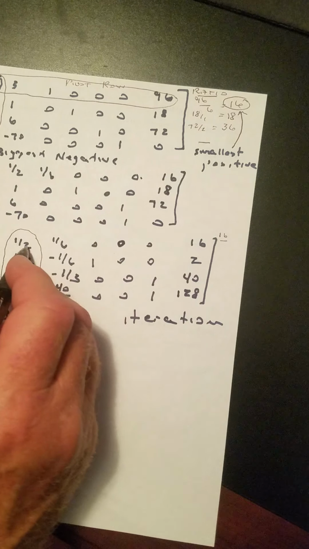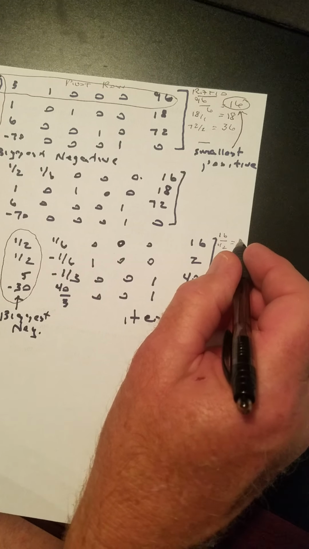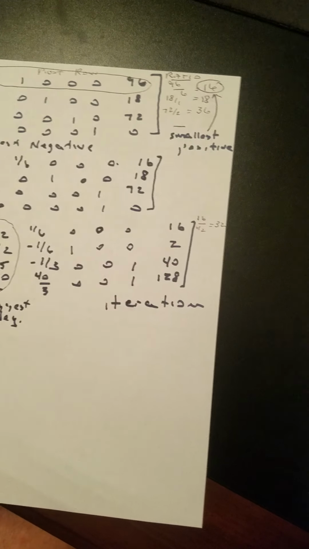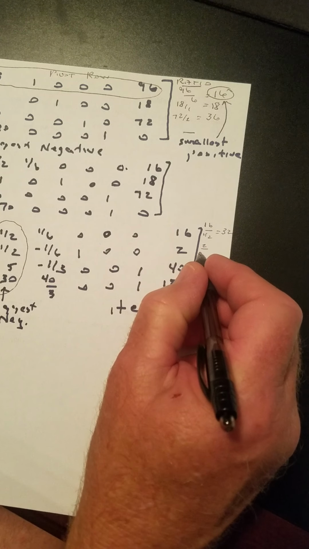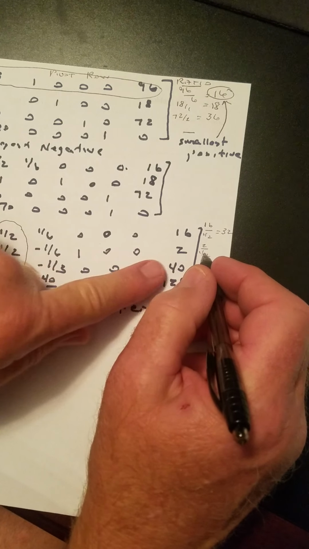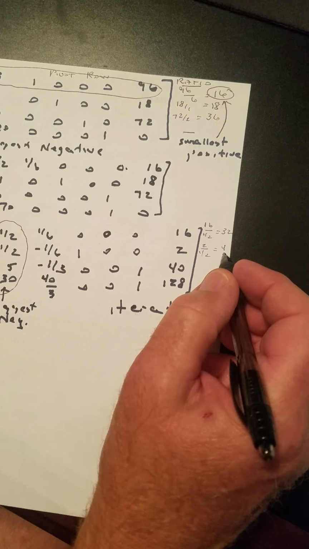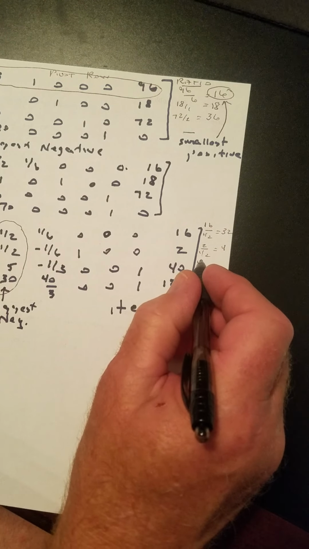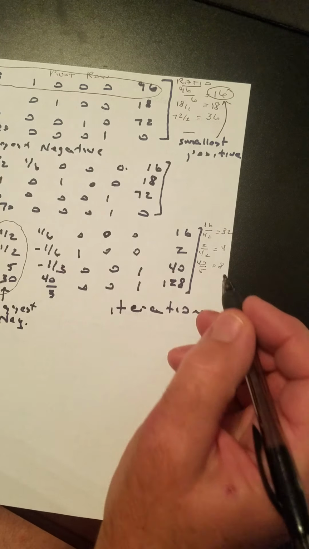We're going to divide it by whatever number's in the column, so that's 1/2. 16 divided by 1/2 is 32. Then you got 2 divided by 1/2, that's equal to 4. And then you got 40 divided by 5, and that's 8.